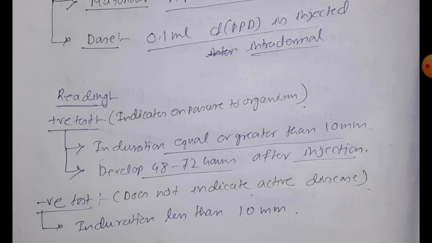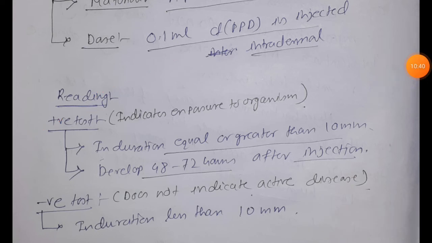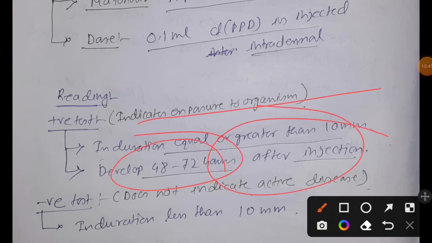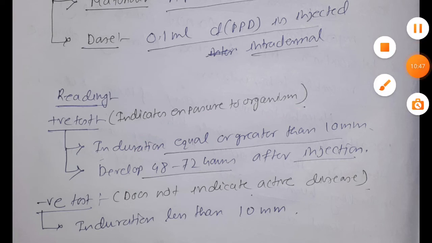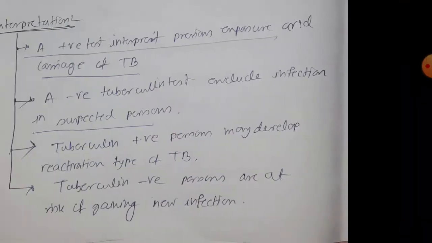If the induration of the red bump is greater than or equal to 10 millimeter, then we should say that the test is positive. That means that particular individual has active organisms or has exposure to organisms, okay, and it will take 48 to 72 hours after injection. And in case of a negative test, we can say that the person does not have any kind of active disease, with induration less than 10 millimeter.